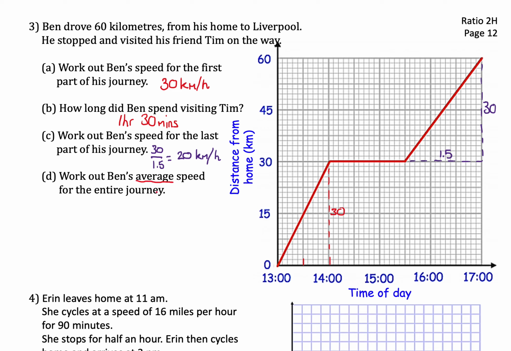Now, average speed is really useful because not only in graphs where we have a little stop in the middle do we want to take that into account with the speed, but in reality, sections of distance time graphs wouldn't make perfect straight lines. However you're travelling, let's say by car or by bicycle or even walking, you can't just go from standing still to going at a constant speed instantaneously.